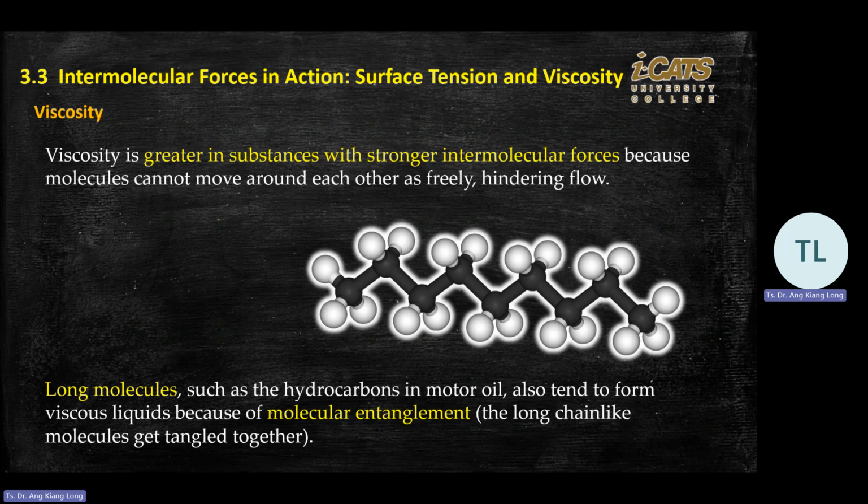For example, in your chapter 8, later we look at hydrocarbons. Long molecules such as hydrocarbons tend to form viscous liquids because they have a long chain and molecular entanglement. I would call it long chain. Motor oil is more viscous compared to other substances because of the molecule structure, long molecule or long chain. Yeah.